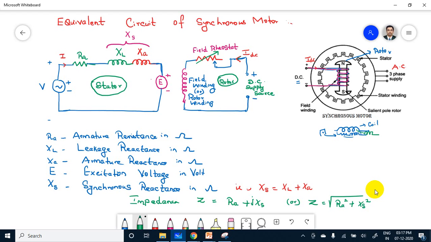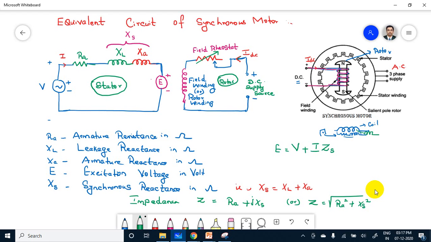Now here, what is the relationship between V and E? So we can write E equal to V plus I into Zs.